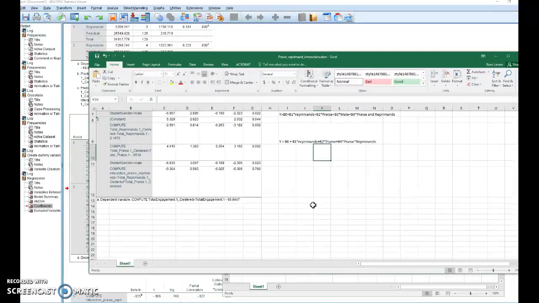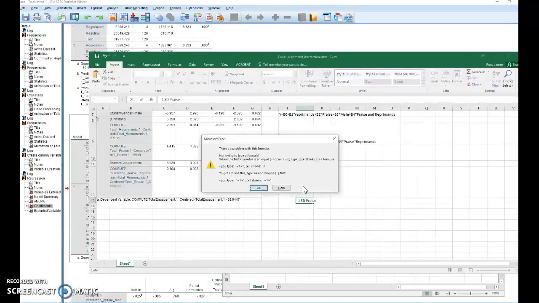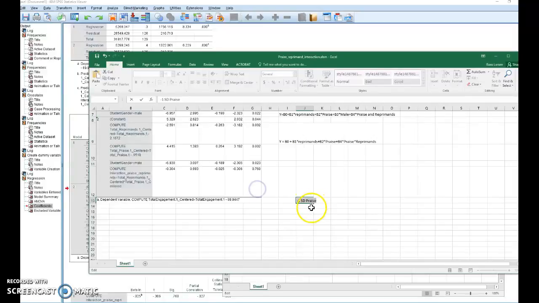In order to make my 4x4 table, I need to find out what one standard deviation below the mean is and what one standard deviation above the mean is. So we're going to do minus 1 standard deviation of praise. Doesn't like my code, so 1 standard deviation below the mean praise, 1 standard deviation above the mean praise.